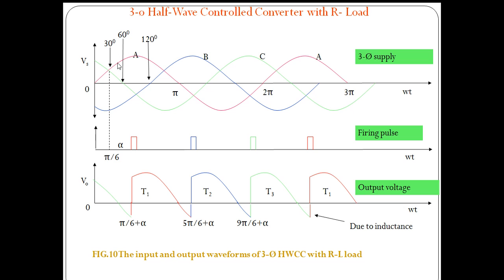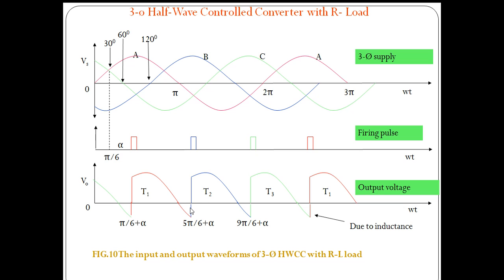But here we have not applied the firing pulse immediately; we have applied the firing pulse at a duration of 5 pi by 6 plus alpha. So at this instant, the phase A will be available at the load. In the previous case, thyristor T1 will be turned off at instant pi and there won't be any output.